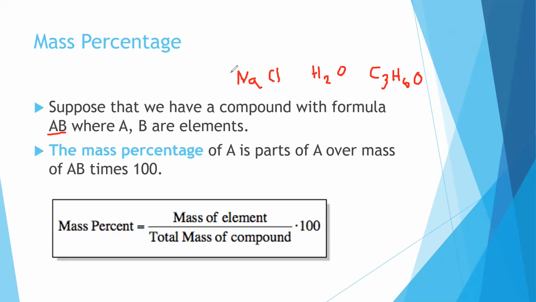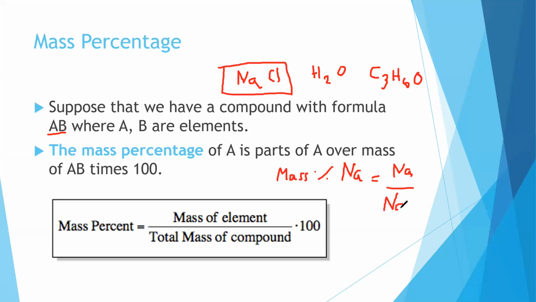Let's go to the NaCl example because I want to talk about that today. The mass percent of Na is the mass of Na over the mass of NaCl times 100.